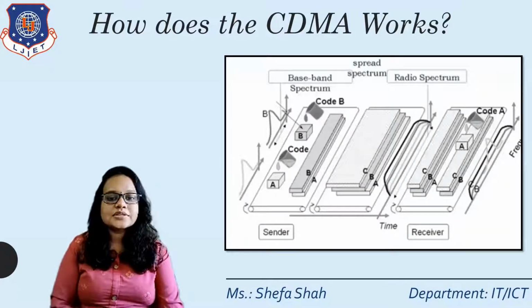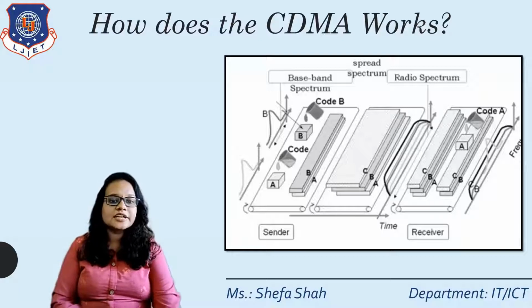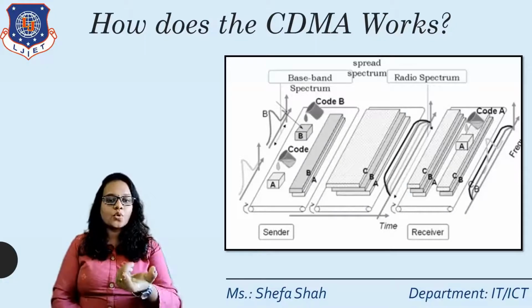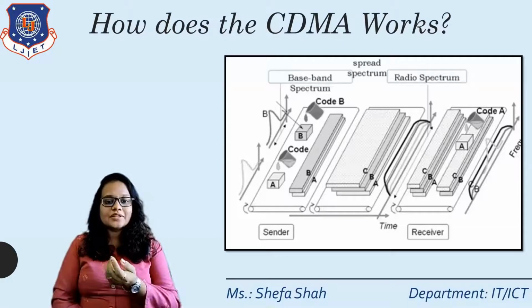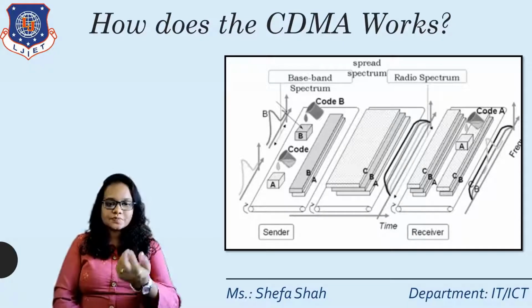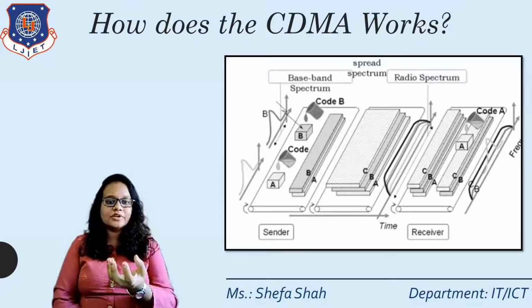Now, as you can see in this figure, this is how CDMA works. There are two codes, code A and code B. Code B is the sender and code A is the receiver. Whenever we need to send, both the codes are given in particular blocks and converted into a digital sequence with the help of a PN sequence.